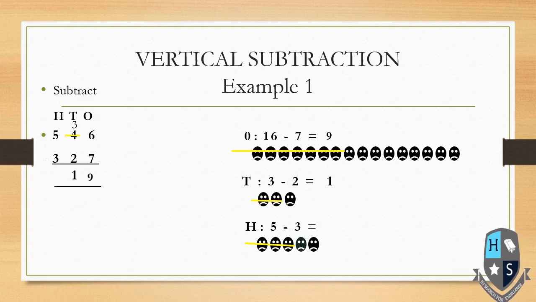Good. So we remain with 1, 2. So 2 balls. We write it in hundreds. So 546 take away 327 is equal to 219. I hope you enjoyed. Let's continue.